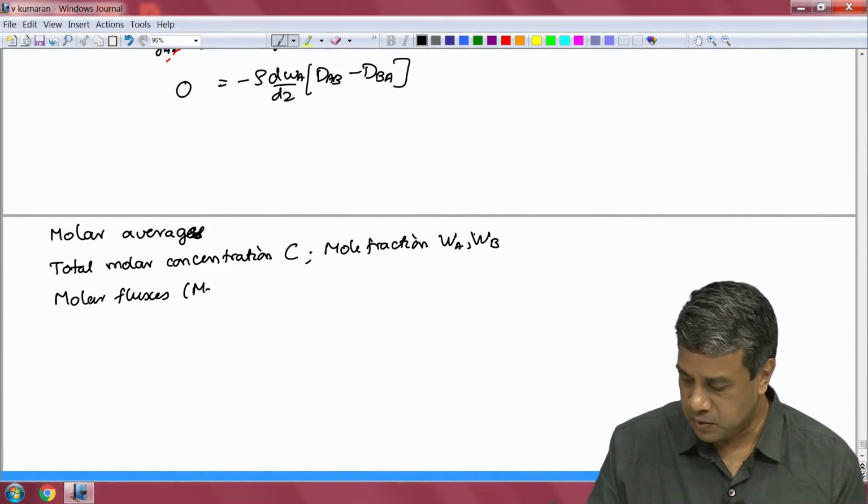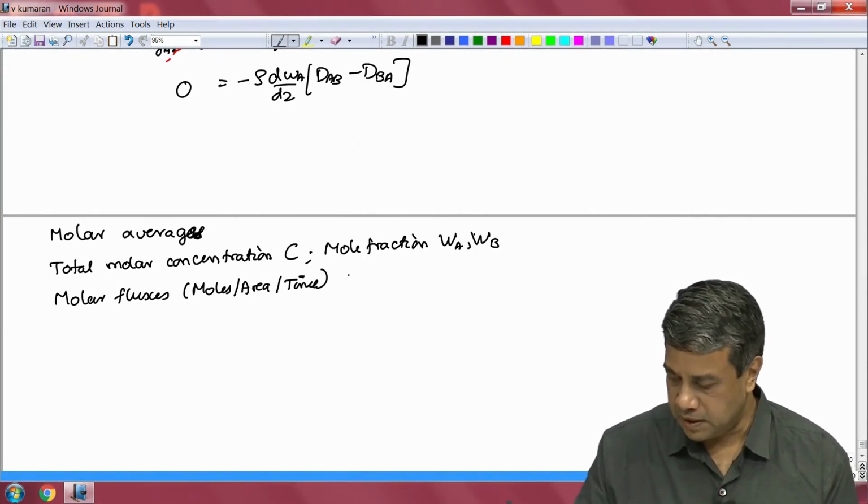This is moles per area per time. I will write them as JAZ and JBZ.